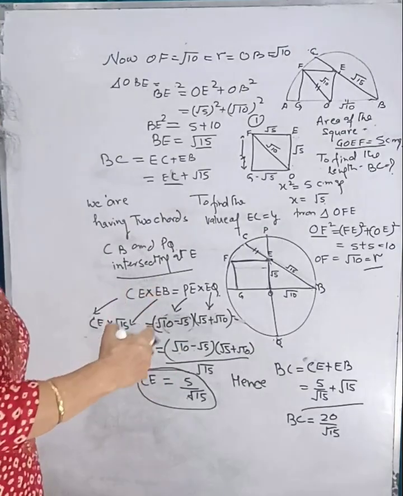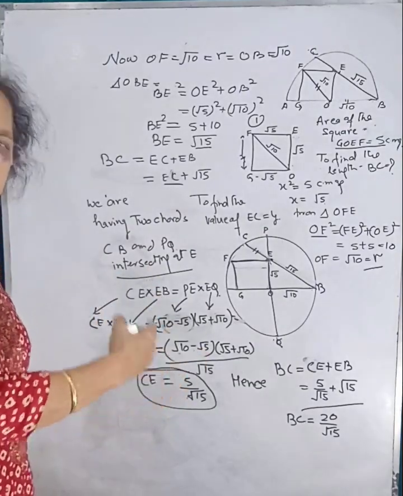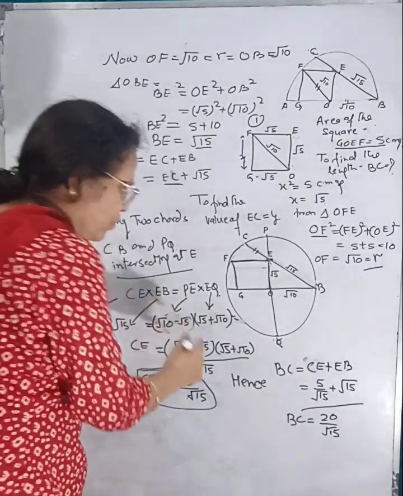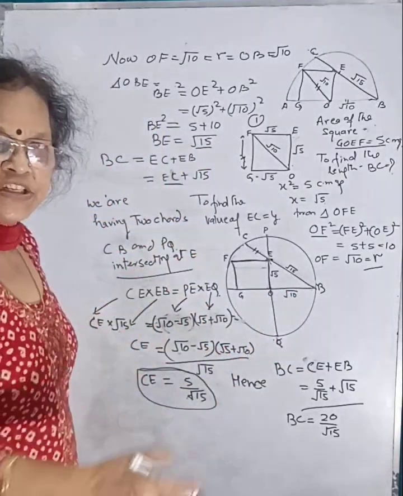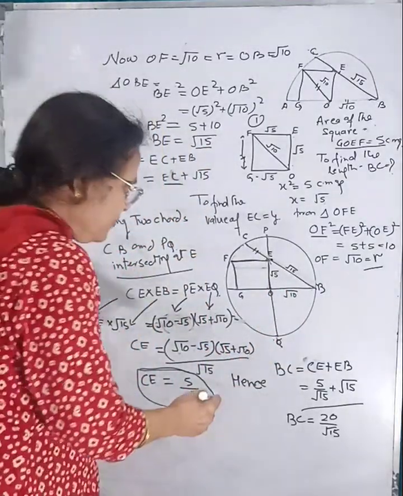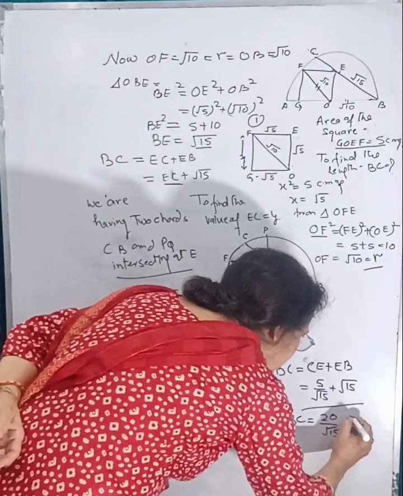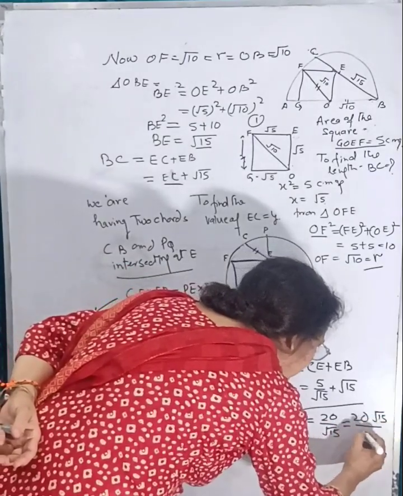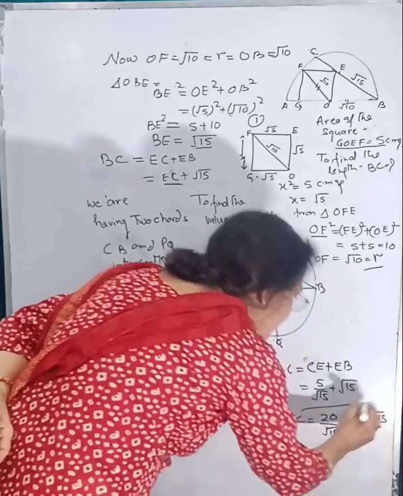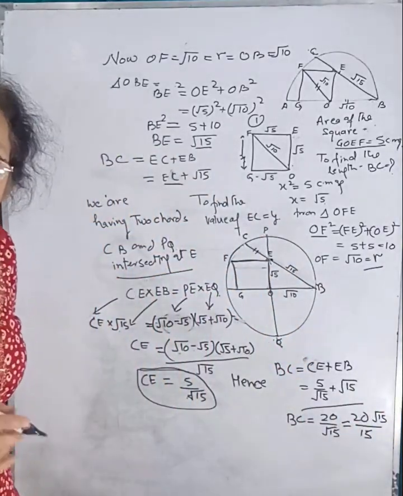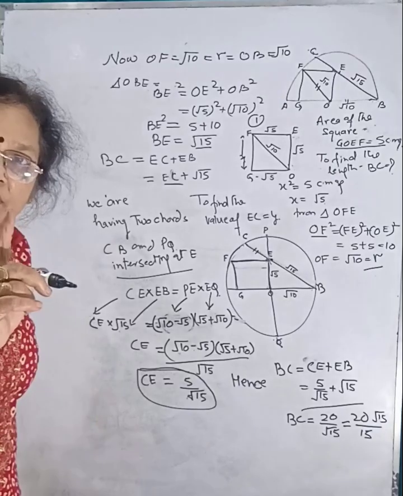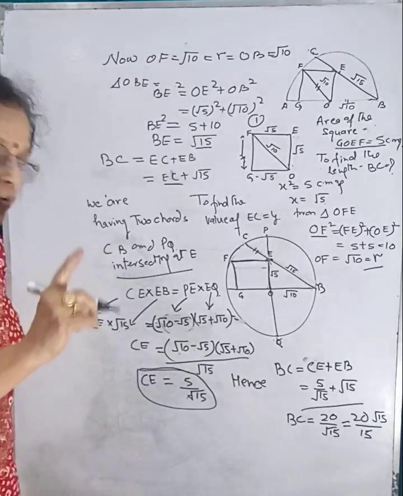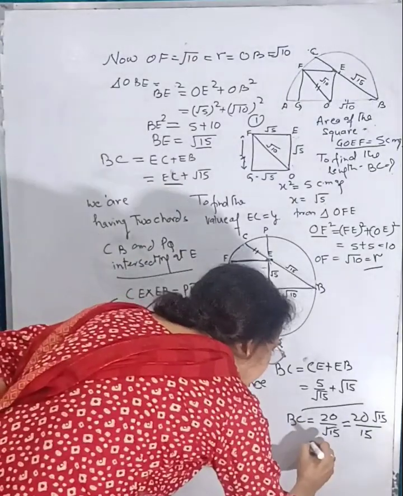The answer is correct, but to simplify it further, multiply the numerator and denominator by root of 15. Root of 15 upon root of 15 will be only 15. Now we can cancel 20 and 15 by 5. 4 upon 3 root of 15 will be the exact answer.